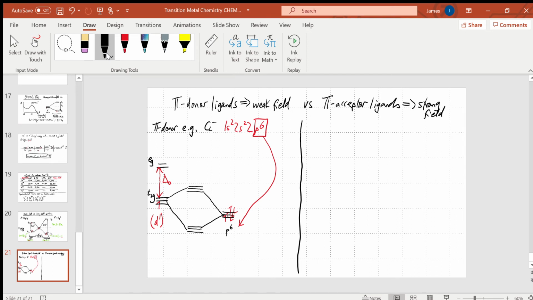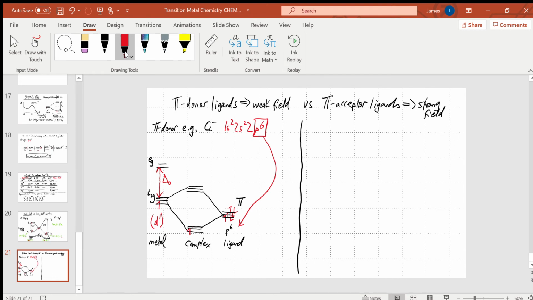Now let's say this is the metal, this is the complex in the middle, and this is the ligand on the right. Because the ligand is lower in energy than the metal in this pi complex, these pi electrons are going to funnel in and fill the complex's energy level here.